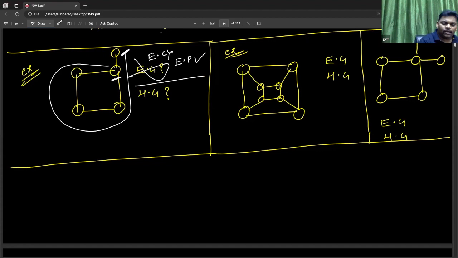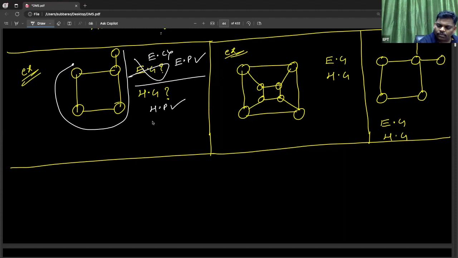Let's go to Hamiltonian. Can you observe this one? Hamiltonian. One nice walk, you will go like this. Is it a Hamiltonian path? Yes. Hamiltonian path possible, covering all vertices once.